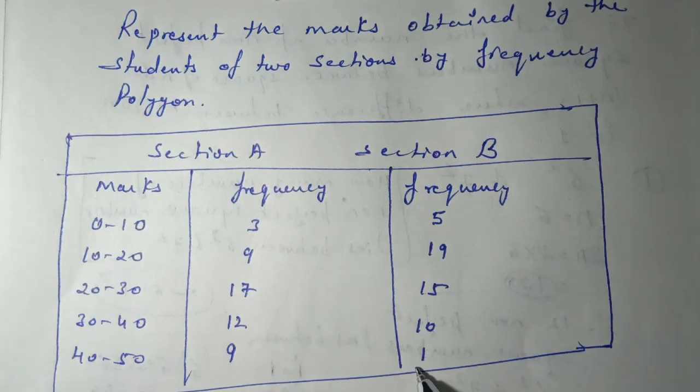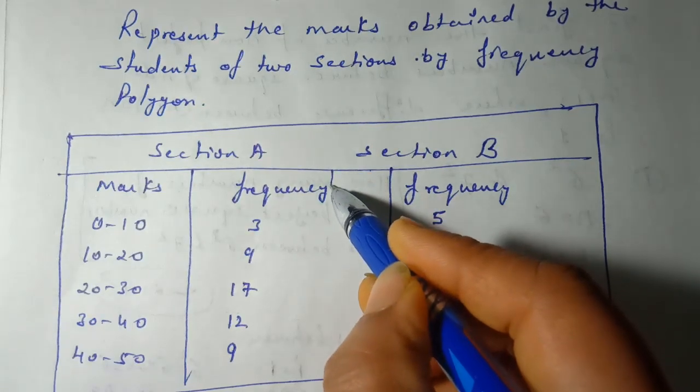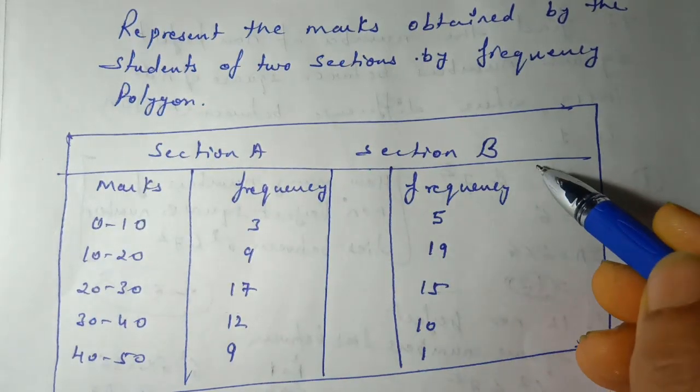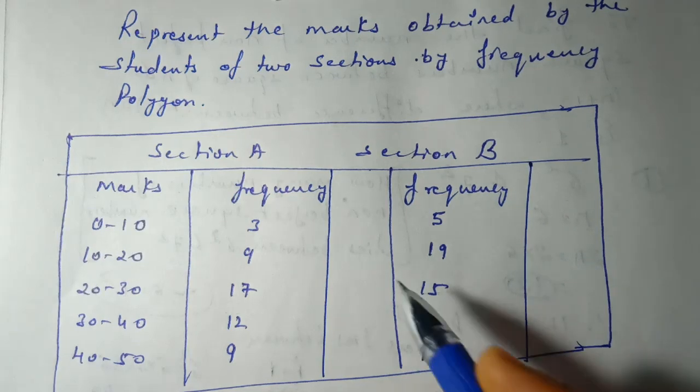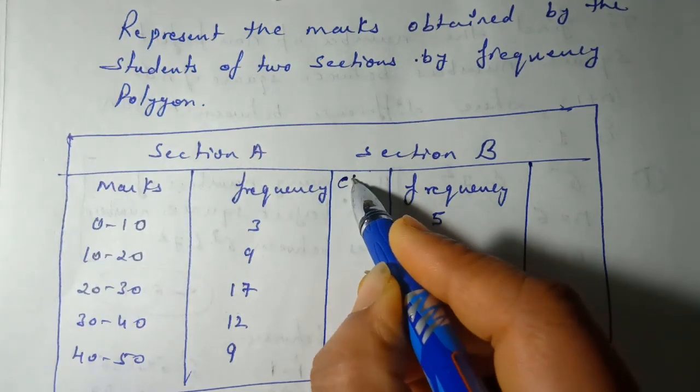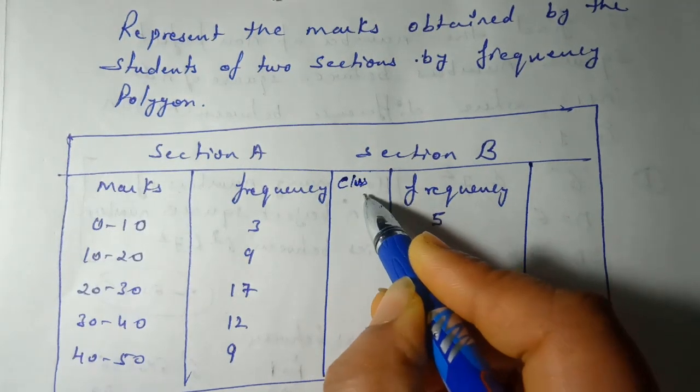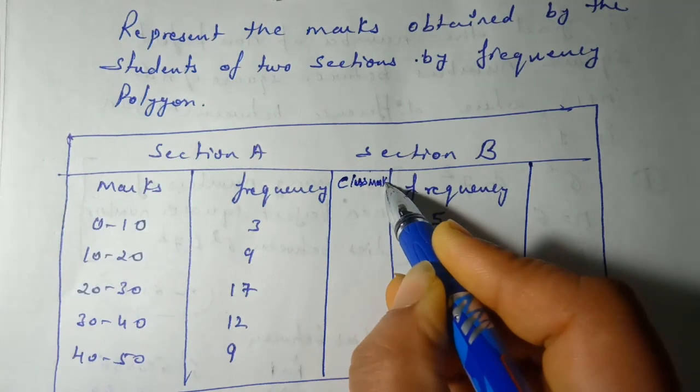So first of all, we're going to draw it without using the histogram. For that, first of all, we're going to make a column in both tables, and that is of class mark. We're going to find the class mark.